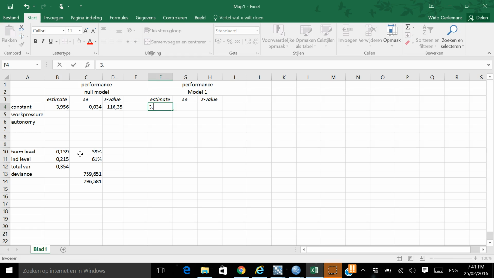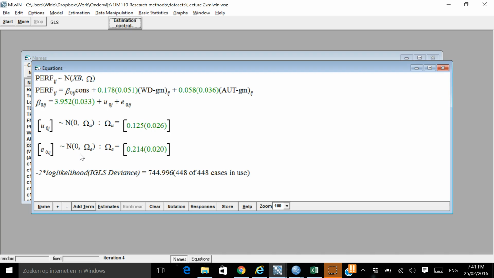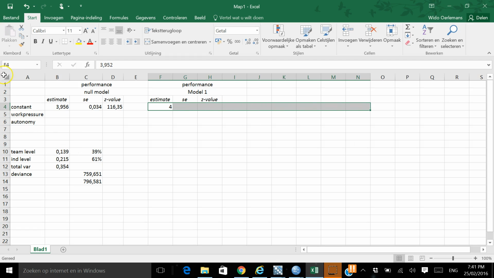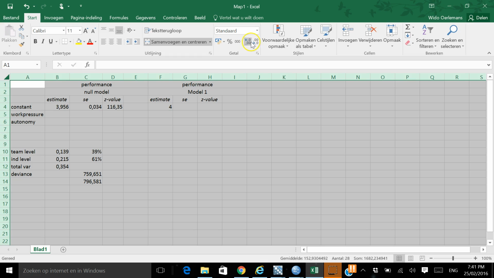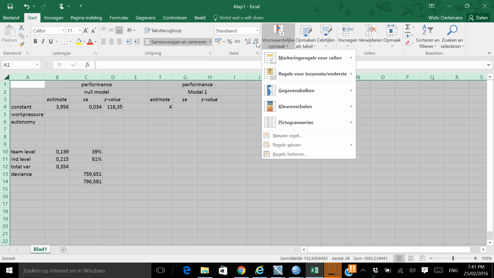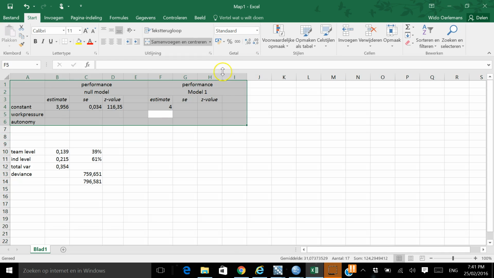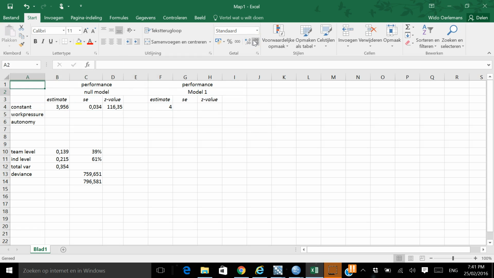So the constant is 3.5952. Again, for the whole spreadsheet we want... Excel.